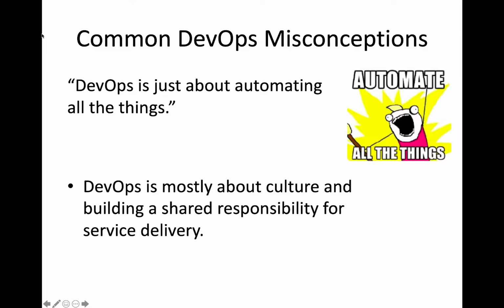I would say that the actual culture that forms around DevOps, the collaboration that is created between disparate parts of the organization, and the shared accountability and responsibility for service delivery, which is promoted by DevOps, these concepts are far more important than just simply automating everything.